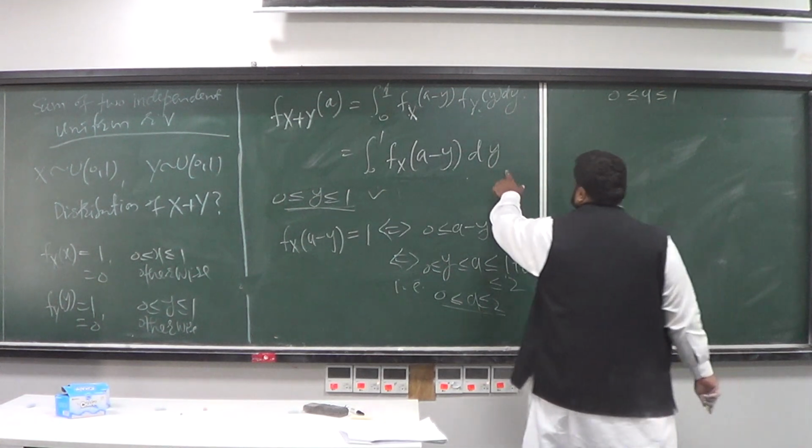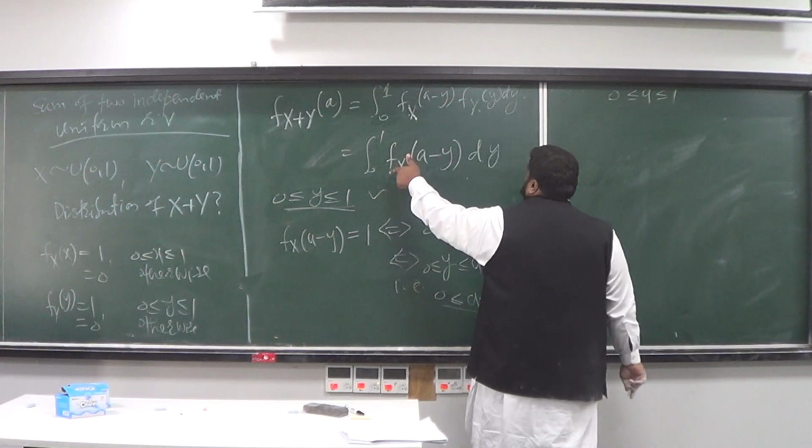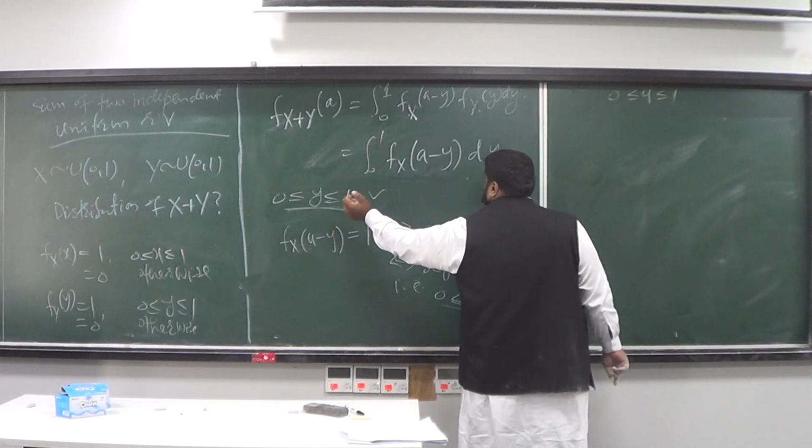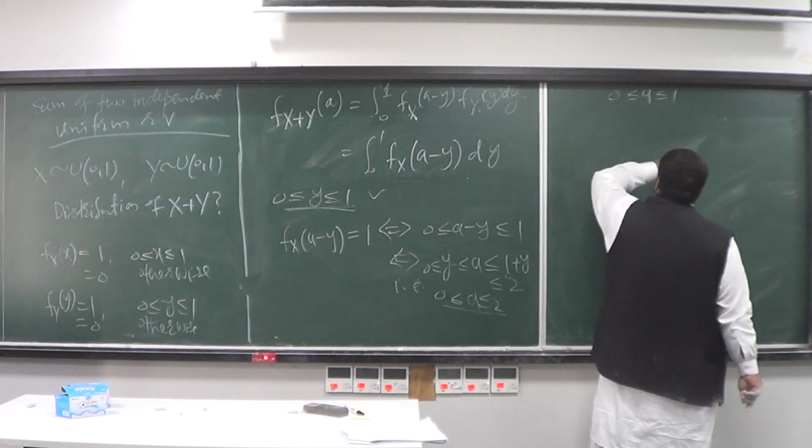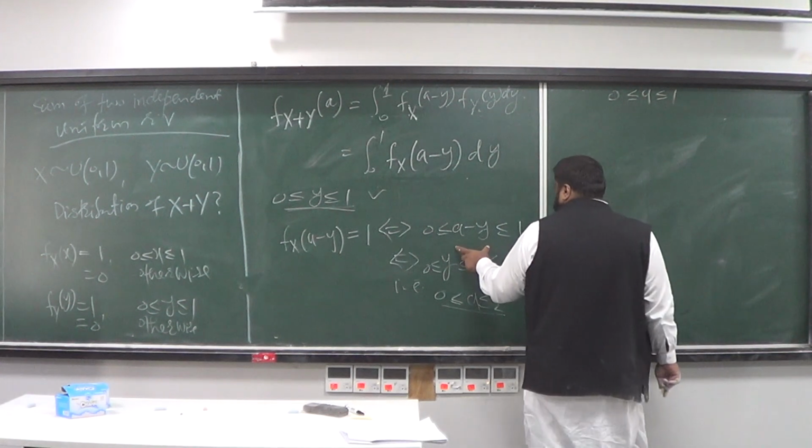The question is, what would be the limits on y if y is between 0 and 1 and a is between 0 and 1 and this constraint is also satisfied?